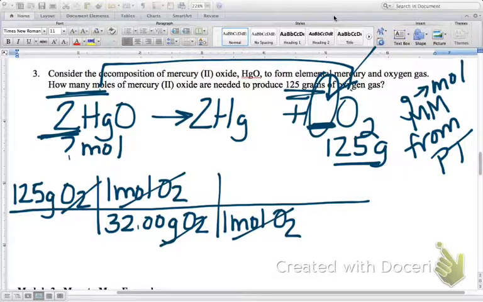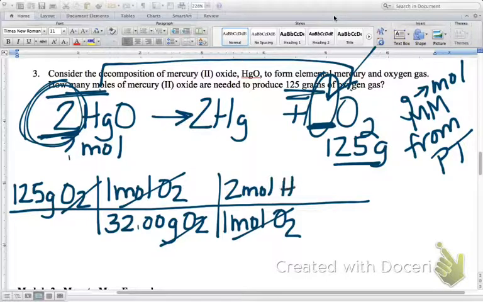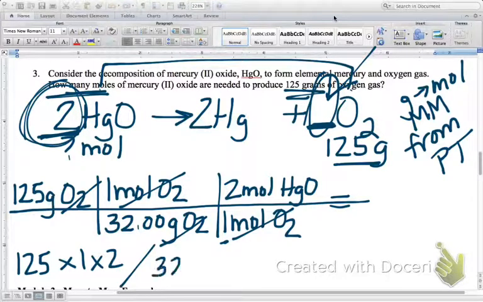So now moles of the HgO is going to go on the top. So based on that balanced chemical equation, what's the coefficient for the HgO? 2. 2 moles of HgO are required for every 1 mole of oxygen. So now we're ready to type into our calculator. In our calculator, it's going to be 125 times 1 times 2 divided by 32 times 1, if you want to include the 1.